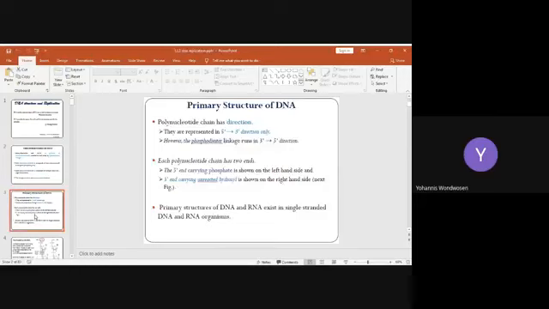DNA synthesis always takes place from the 5' direction to the 3' direction. The 5' end means we have the deoxyribose sugar with a phosphate group on the 5th carbon. If it is associated with the phosphate group, you can call it a 5' phosphate end.